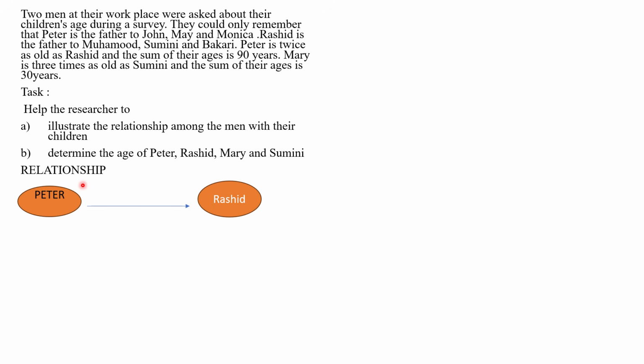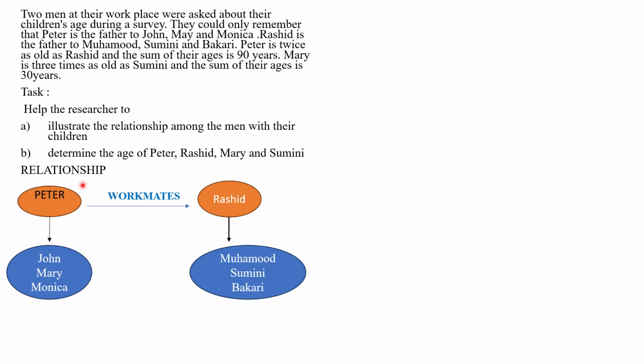So I can say, let me call them workmates. And then I have Peter, and he has 3 children: John, Mary, and Monica. And then also we have Rashid having 3 children, Muhammad, Sumin, and Bakari.